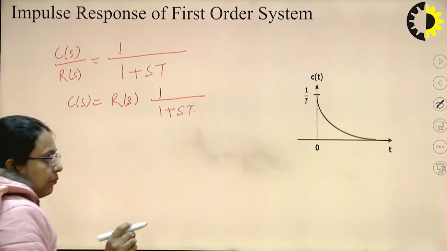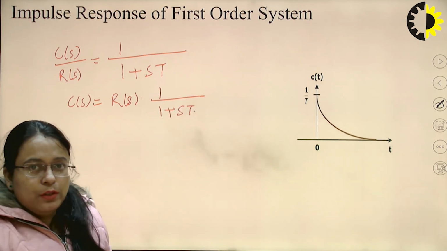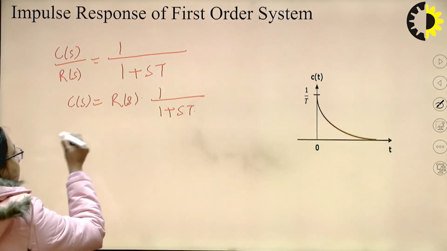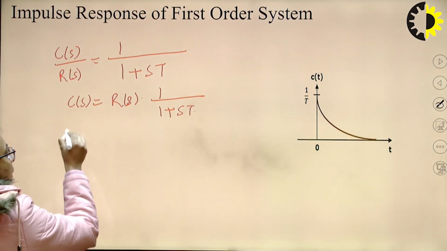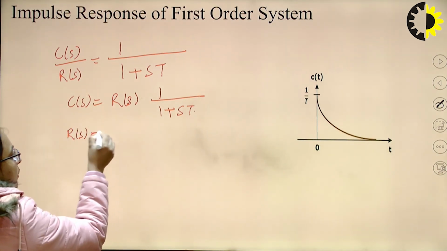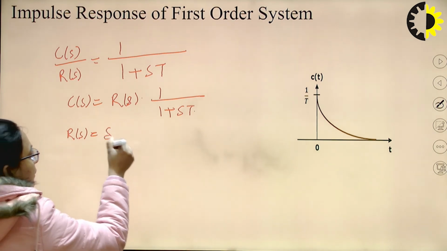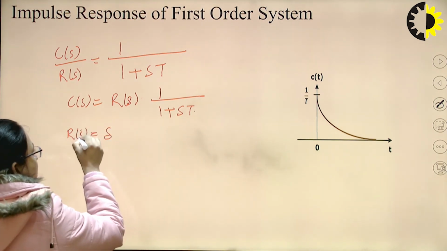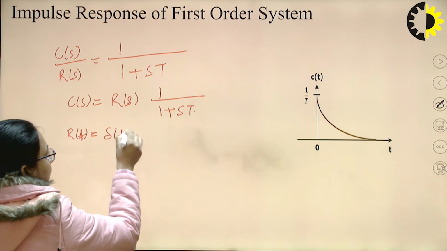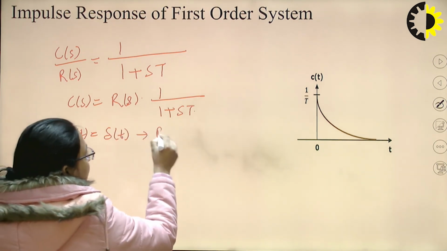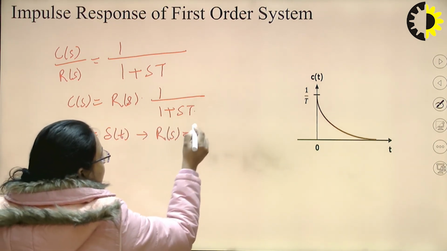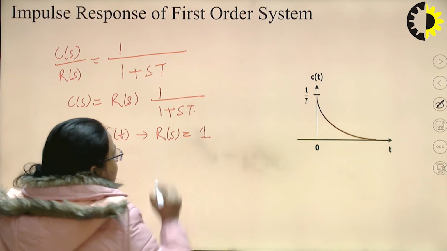Now, for the impulse response of the first order system, r(t) is equal to delta(t), and its Laplace transform R(s) will be equal to 1.